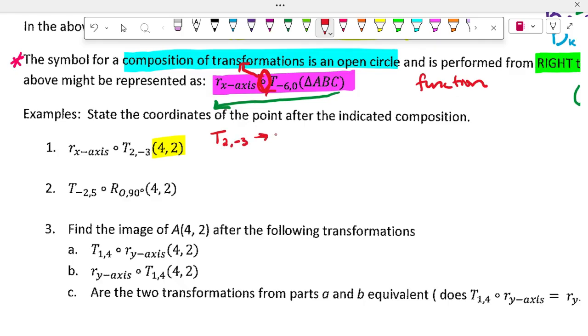X plus 2, y minus 3. So what's 4 plus 2? 6. What's 2 minus 3? Negative 1. Then what do we do? We flip it over the x-axis. And what's the only thing I have to do for that? Change the y value to be positive. That would be our final point.